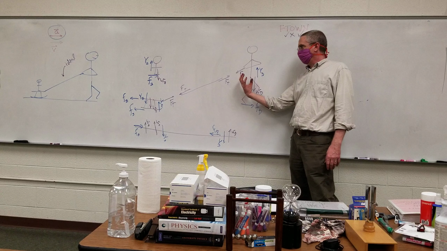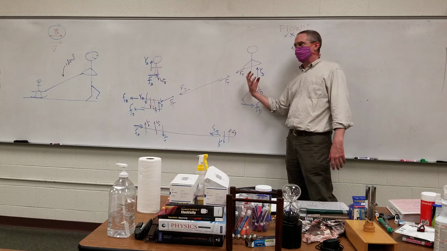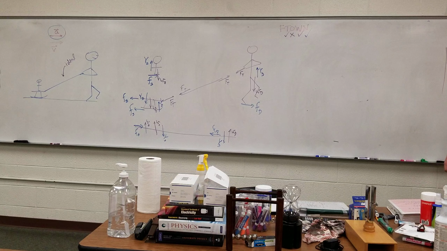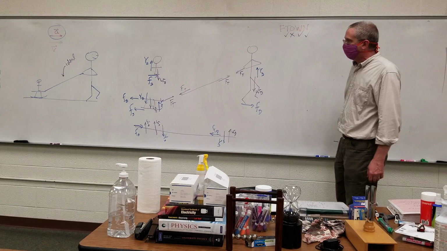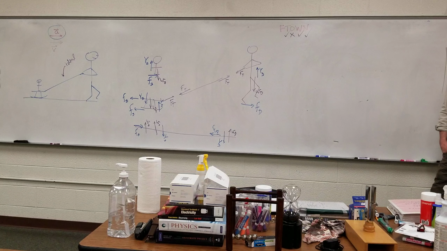And they'll label it F sub push. There's no mysterious force. It's the foot wanting to move to the left that causes the dad to move to the right. And that is the force diagram.